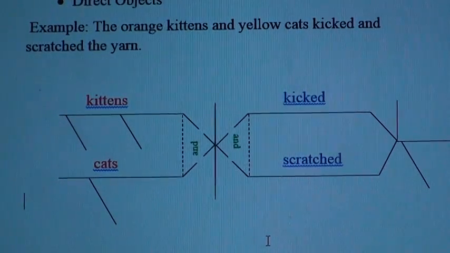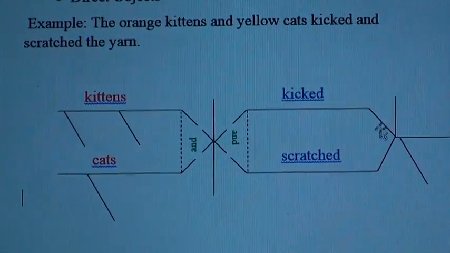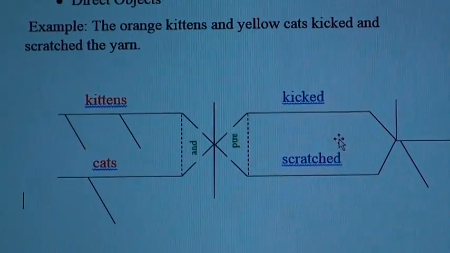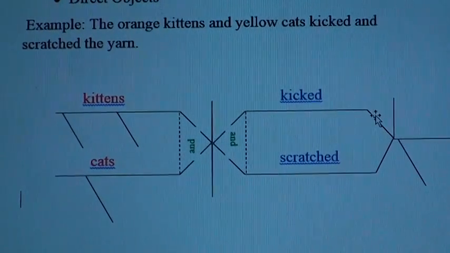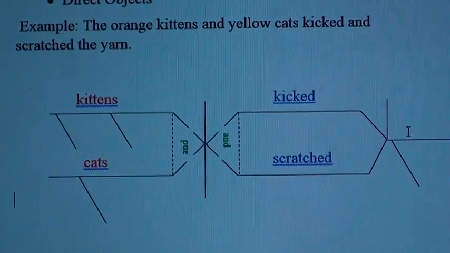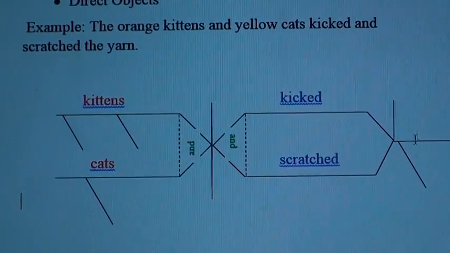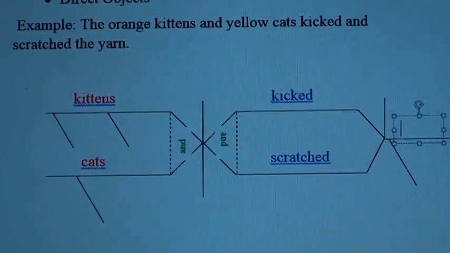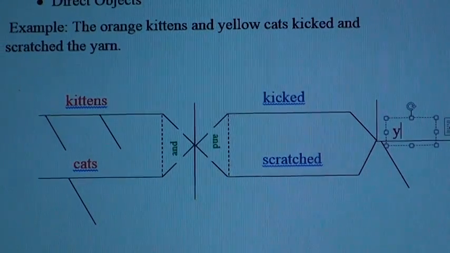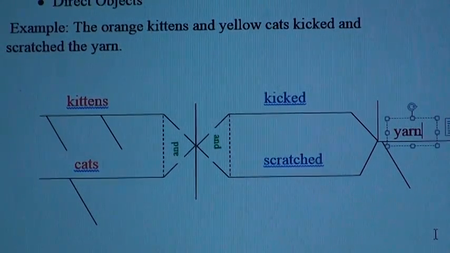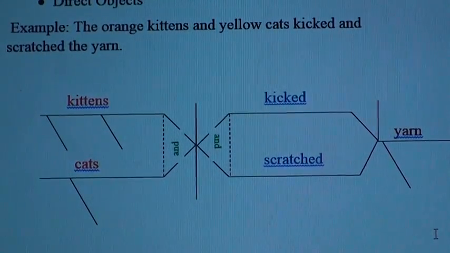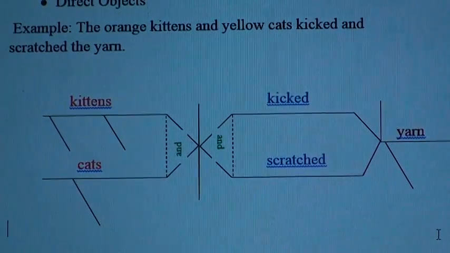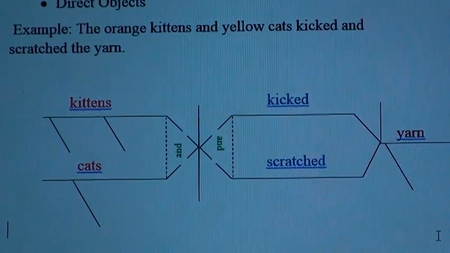Now we need to identify our direct object. Because one direct object receives the two actions, we actually have the verb line coming back into a diagonal. Our direct object in this sentence is yarn because it directly receives both actions of kicking and scratching. Now we need to identify our adjectives and articles.